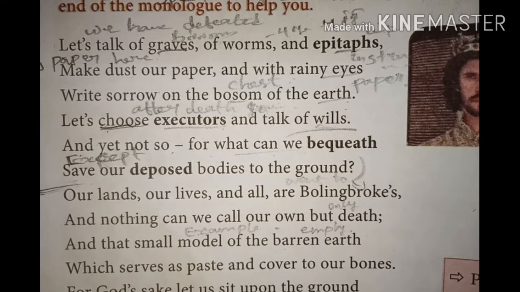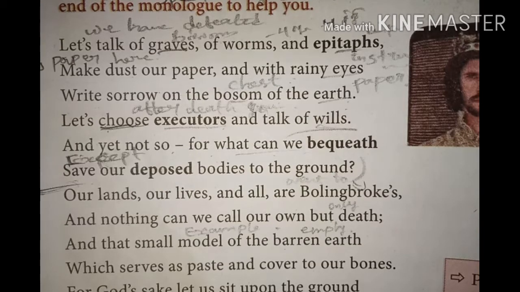So we are going to talk about the graves, the worms in the graves, and also the epitaph.